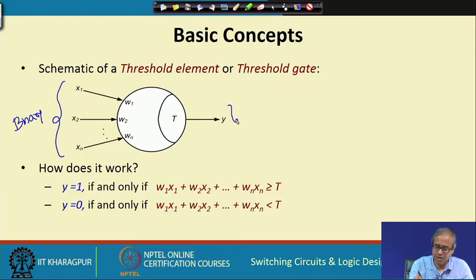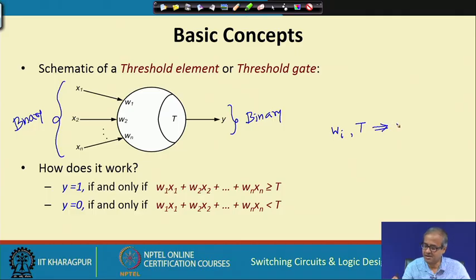The output y is also a binary output, but these weights wi and the threshold are not binary numbers, these are real numbers.